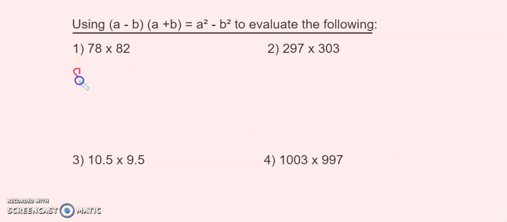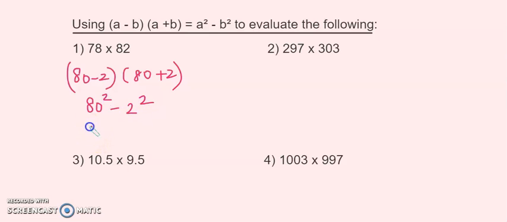So 78 can be said to be 80 minus 2, and 82 is 80 plus 2. So is it a minus b into a plus b? Yes. So can we directly say it's a square minus b square? So 6400 minus 4, which is 6396, right?